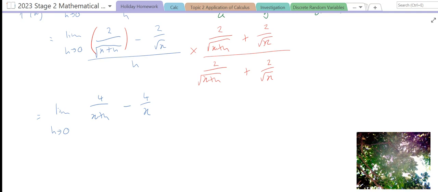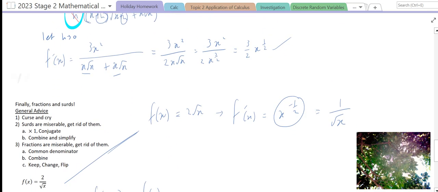All right. Over h bracket 2 on root x plus h plus 2 on root x closed. All right. So the surds on the top are gone. Cool. We don't care what the bottom looks like. It can be a bit ugly.